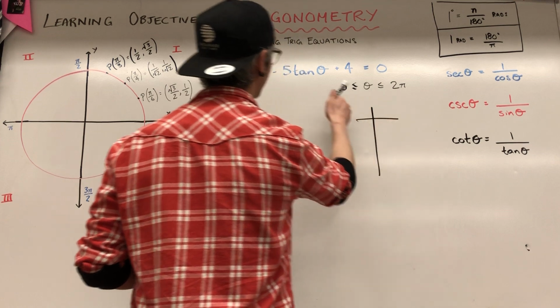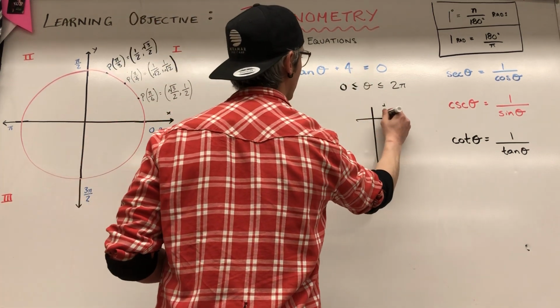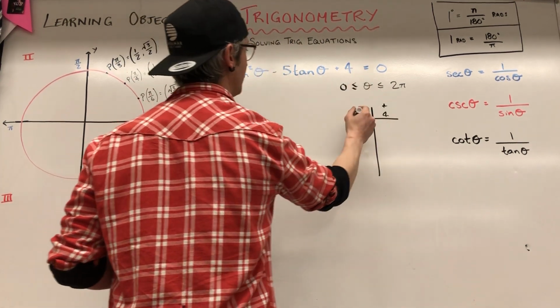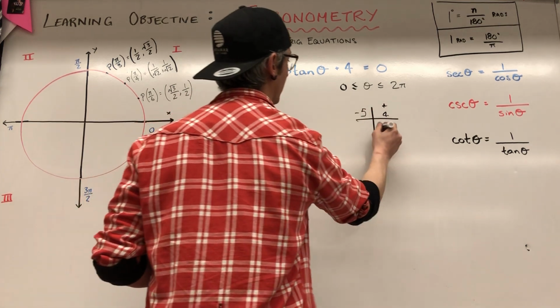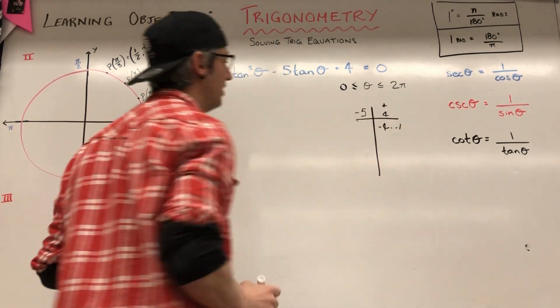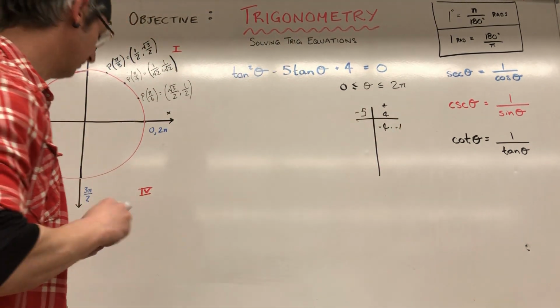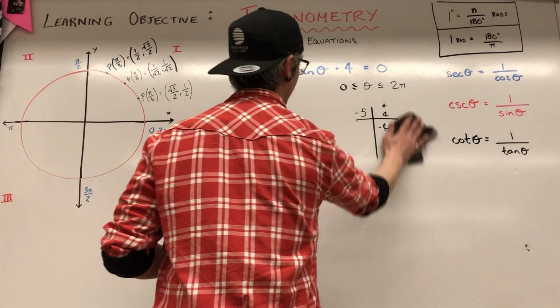So what are two numbers that multiply to positive 4 and add to negative 5? Well, negative 4 times negative 1 makes positive 4, adds to negative 5. So I can factor this now.